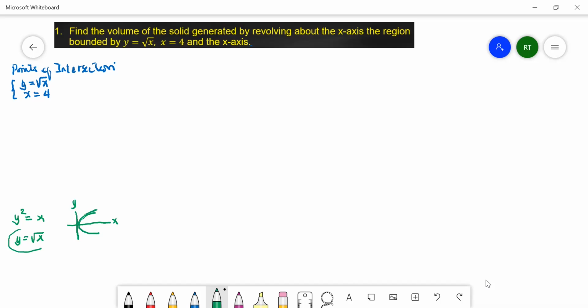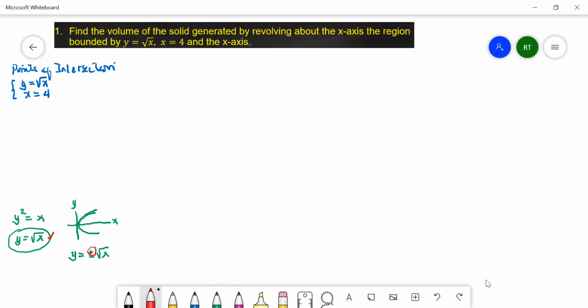But we are considering only y is equal to square root of x. And please take note that if we have initially y square is equal to x, if we get the square root of both sides of the equation, then that gives us y is equal to plus or minus the square root of x. And we're just considering the positive sign here, y is equal to square root of x.